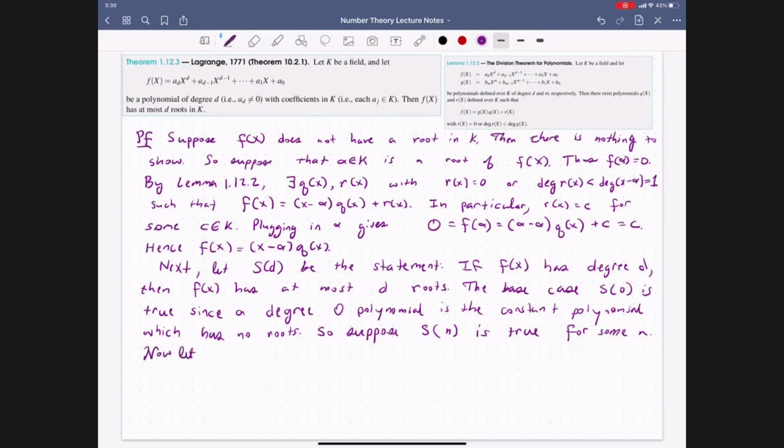So now let f of x, the degree of f of x, equal n plus 1. So this is the degree. And then as before, if f of x has no roots, then S of n plus 1 is true.